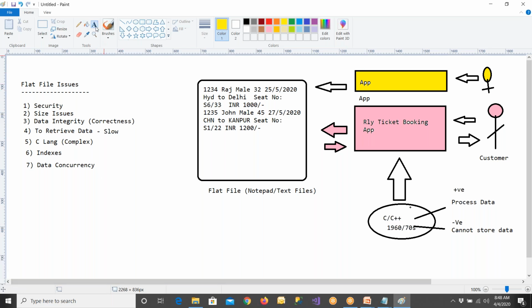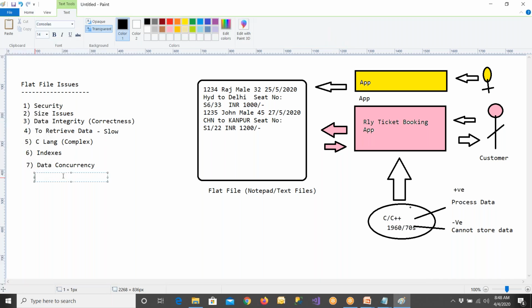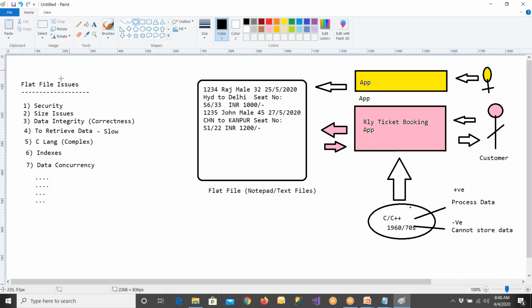Am I clear? So when you ask me, it is not only these 7 issues, there are thousands of issues that got created when you store the data in flat files, and people were worried. We are able to store the data somehow in a flat file, but this is not a sophisticated system.